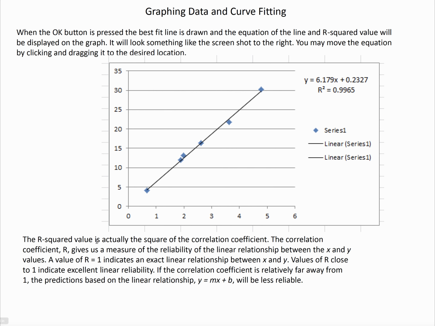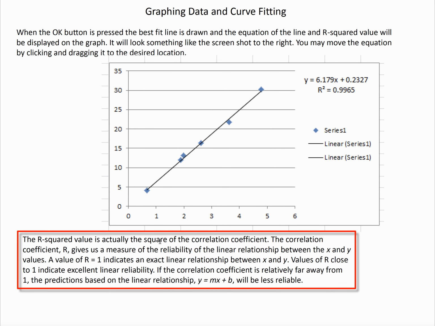The R-squared value is actually the square of the correlation coefficient. The correlation coefficient, R, gives us a measure of reliability of the linear relationship between x and y values. The value of R equal to 1, which you probably will never get, indicates an exact linear relationship between your x and y values.